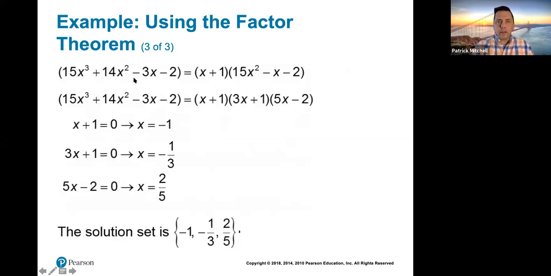All right, so I got something in my way here. There we go. All right, so 15x squared minus x minus 2 factors into 3x plus 1 times 5x minus 2. So factoring is hopefully something that you're an expert at.